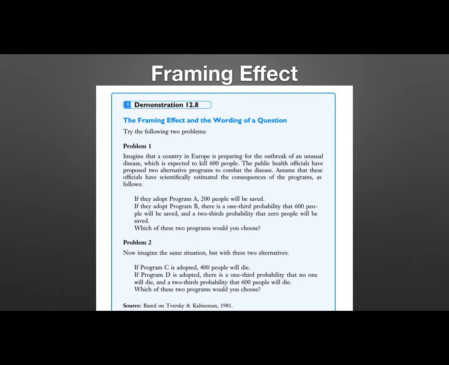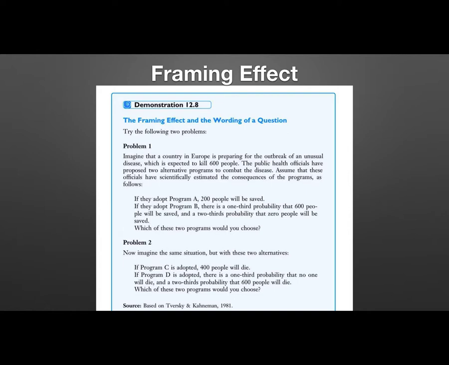In this case, we're using language like saved, and we're framing it in terms of keeping people alive, basically. If we look at problem 2, it's the same situation. Program C, 400 people will die, for sure.